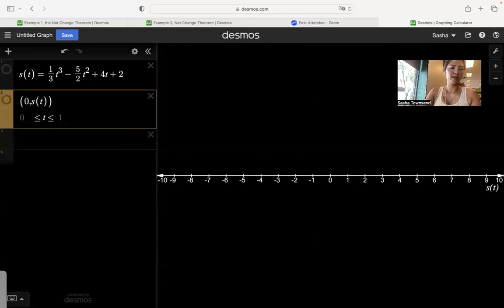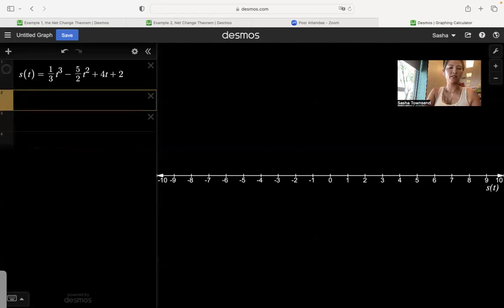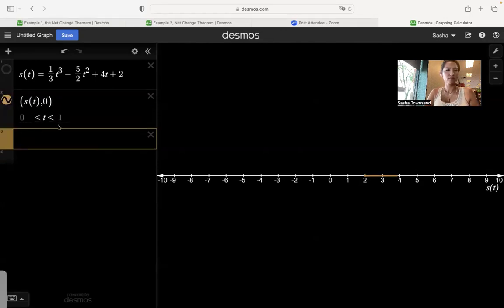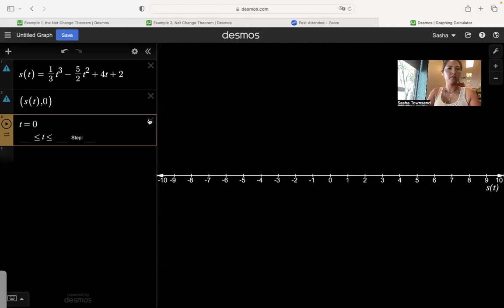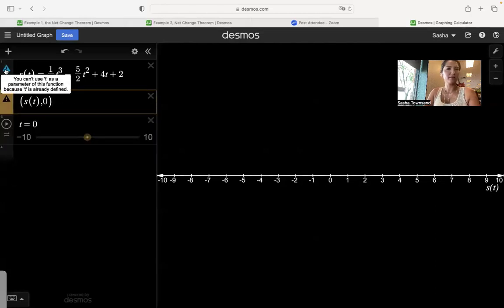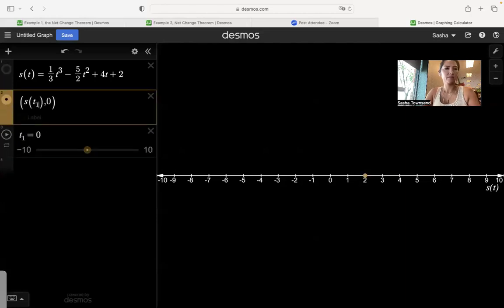Oh, actually, no, the y value will be equal to 0. Let's plot s of t, 0. Here it is. It says I can't use t as a parameter of this function because t is already defined. Okay. Here we go.